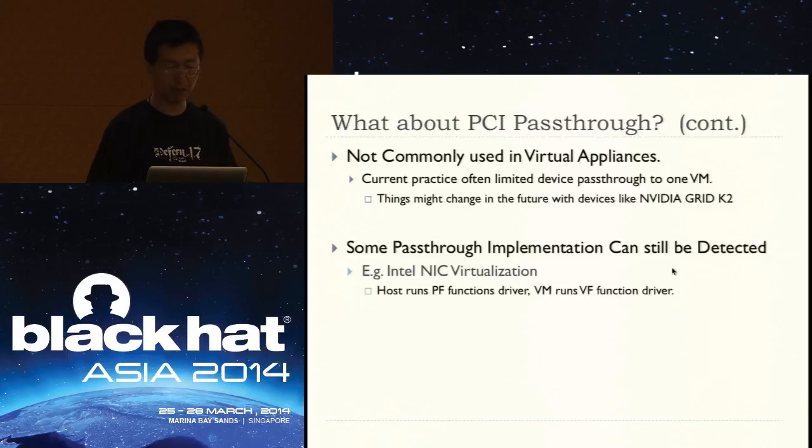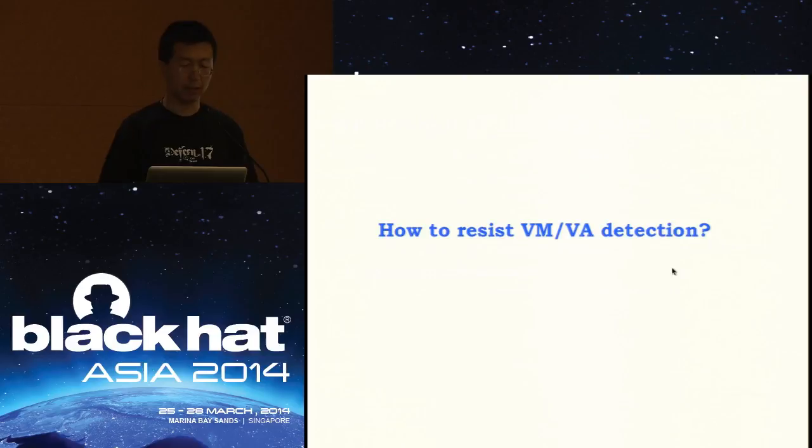Okay. Now, those are a quick overview of what things we poked at to try to tell the difference between physical and virtual. Now, how do we really resist this? Obviously, we have to look at this from two sides.